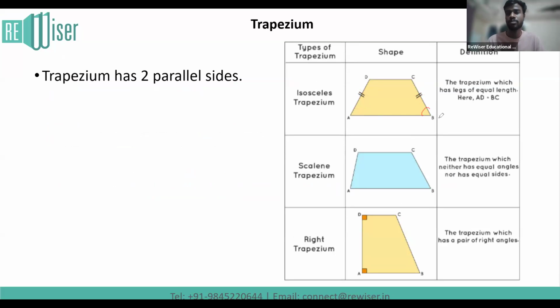The scalene trapezium means none of the sides would be the same and none of the angles will be the same. And right trapezium means one of the sides would be perpendicular to the base. And the main property of a trapezium is that only one pair of opposite sides will be parallel to each other.